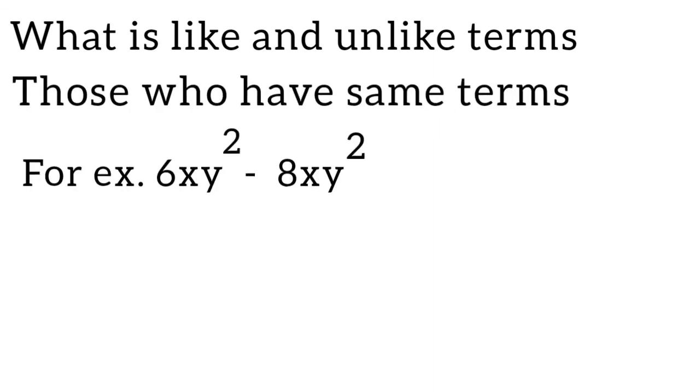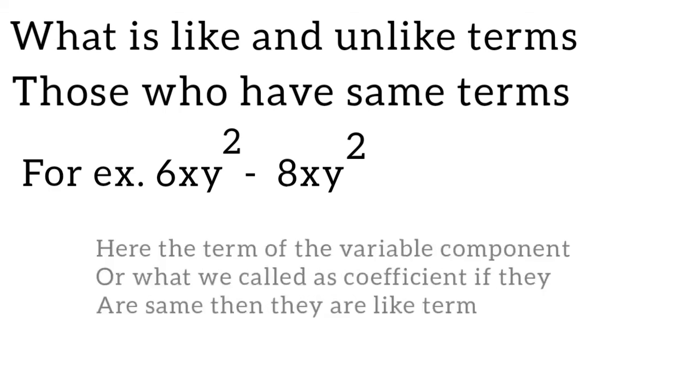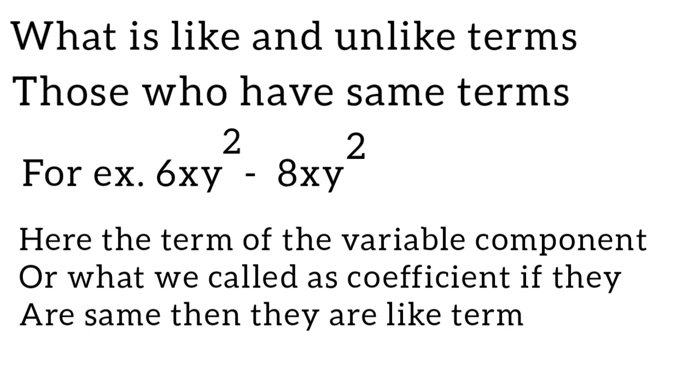In the last part of this, we understand what are like and unlike terms. For example, those who have same variable parts, for example, 6xy square minus 8xy square. Here the variable component, or what we call the literal coefficients, if they are the same, then they are like terms.